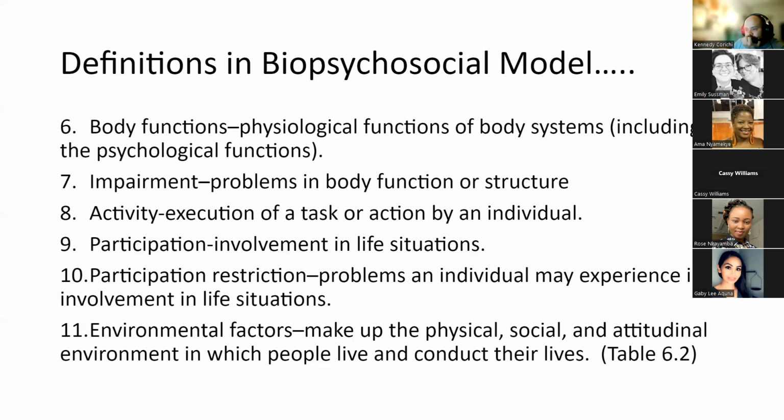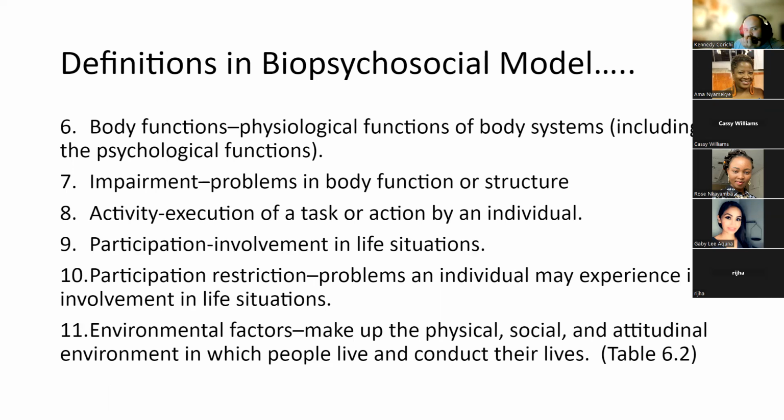And it also talked about environmental factors that make up the physical, social, and attitudinal environment in which people live and conduct their lives. So in this one, it gave a lot of definitions and incorporated all these definitions with examples. I didn't know how to put all the examples on there, so I just put the definition and say refer back to the table to look at all the examples that they gave for each of these.